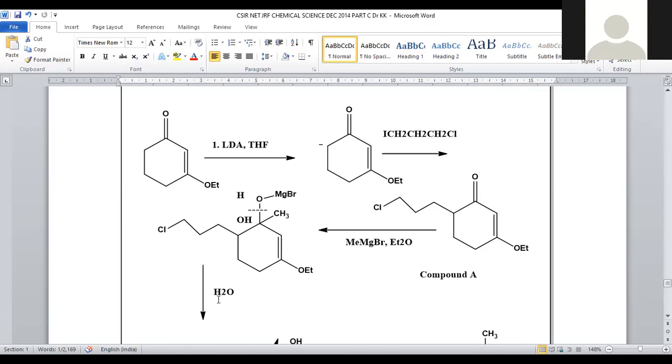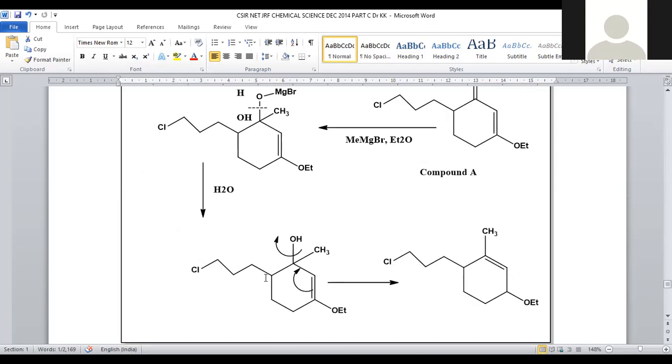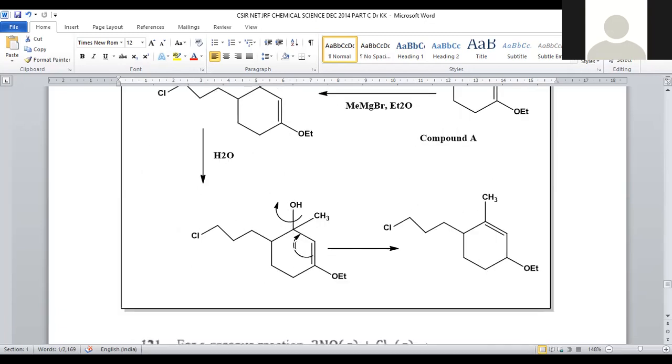Now we are going to subject it to hydrolysis. Hydrolysis is used to cleave the bond. This ether oxygen bond will be cleaved, with the magnesium subsequently turned into MgBrOH. Now here OH will be added to the carbon, so that it turned into an OH functional group. The OH group got generated at this position, right? After getting this, what we are going to do, this double bond is shifted towards this side.